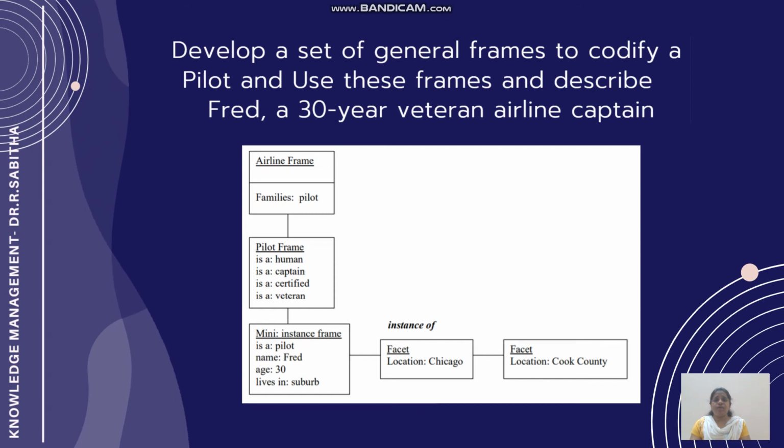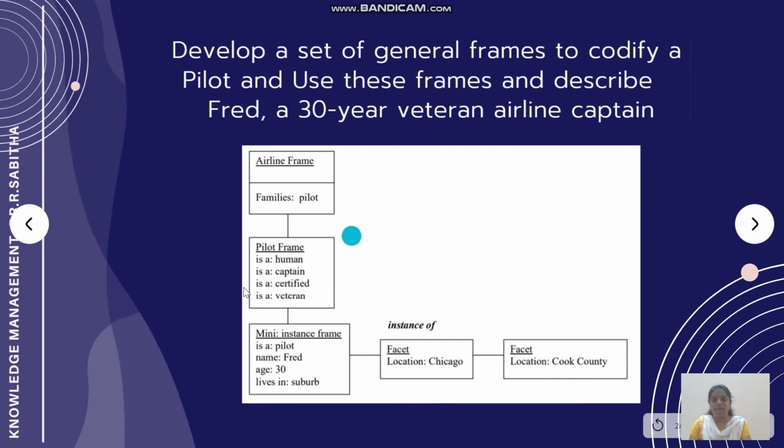Here, you have a person called Fred, who is a 30-year veteran airline captain. Okay, so here the frame will be named airline because it is easy for us to retrieve. And then when we talk about the pilot, in an airline you will have various other people also working. Apart from the pilot captain, you will also have many other characteristics that have to be portrayed. So we will relate it to a child frame which is called pilot.